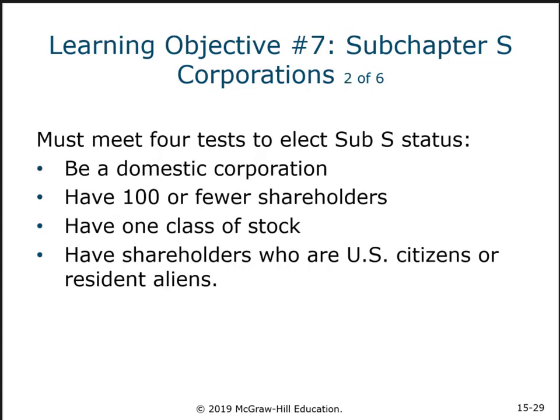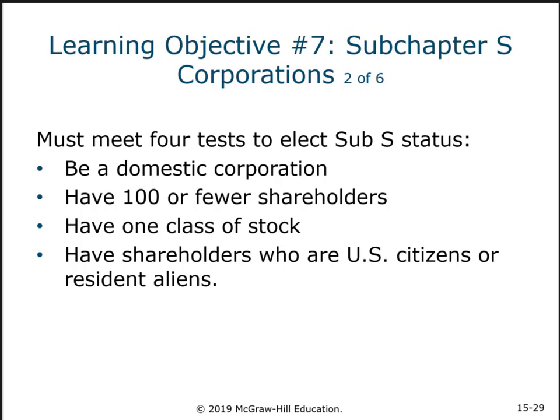You can't be an S corporation unless you can show that you fit all 4 of these criteria. Domestic, it can't be foreign. 100 or fewer shareholders, but family members count as one. So 4 people of the same family will count as one shareholder. So you can have a lot of folks involved.